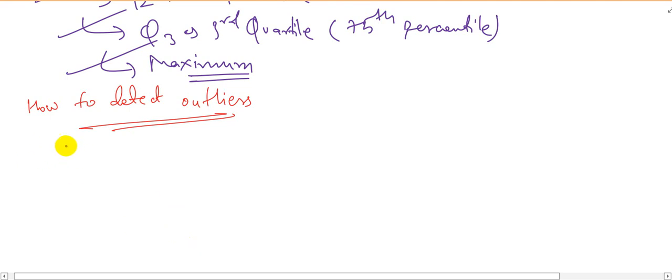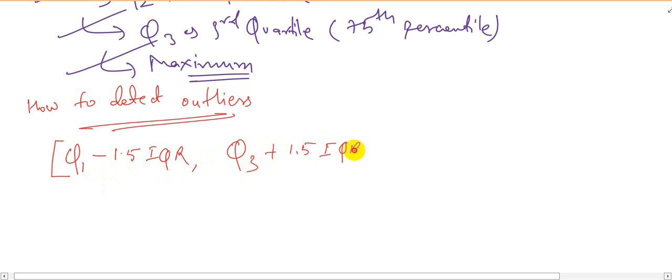Detection of outliers is generally done statistically like this. We can take an interval from Q1 minus 1.5 times the interquartile range, and this is the lower bound. The upper bound would be Q3 plus 1.5 times the interquartile range. All the values which are exceeding or below this particular range are outliers.